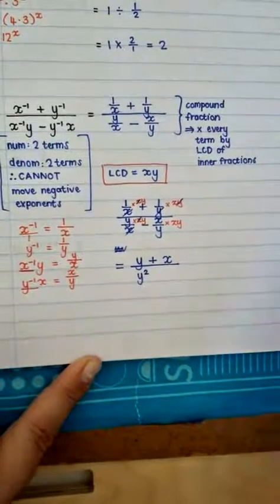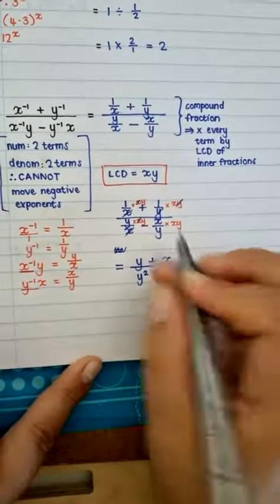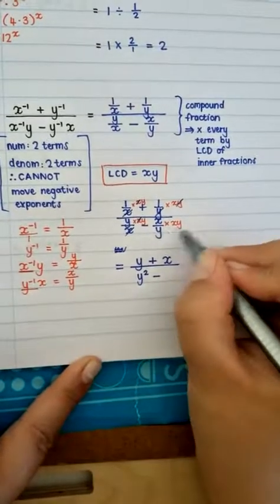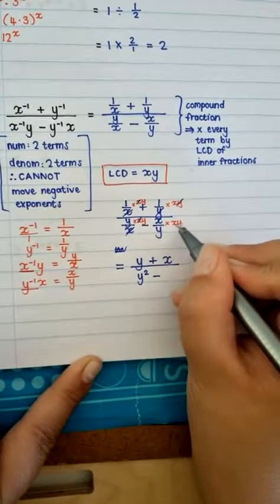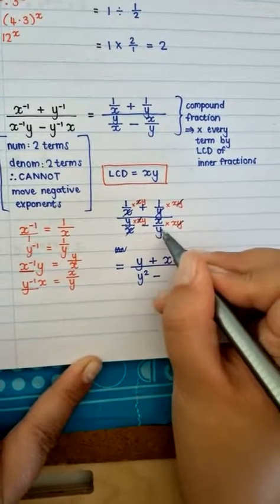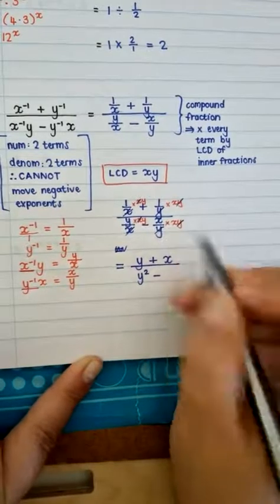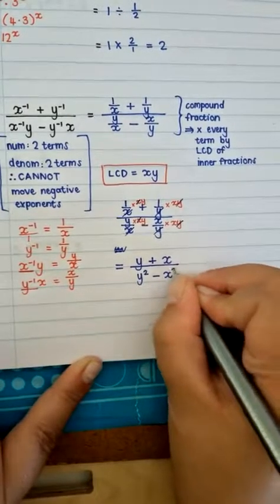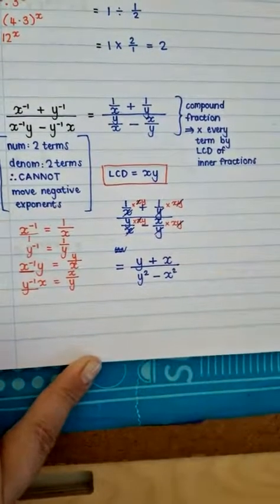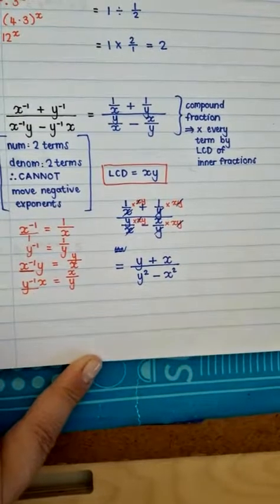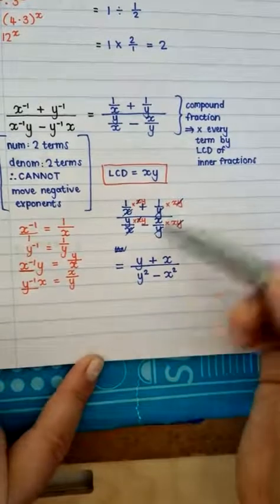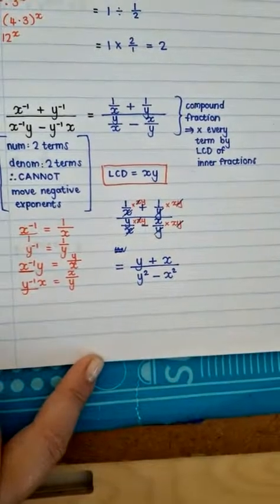Minus, here I have x over y times xy. The y from the LCD is going to cancel out the y in my denominator. I'm left with x times x, which is x squared. Again, I have gotten rid of all of the fractions in my expression here.